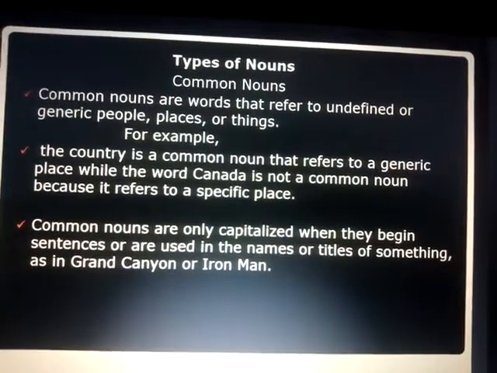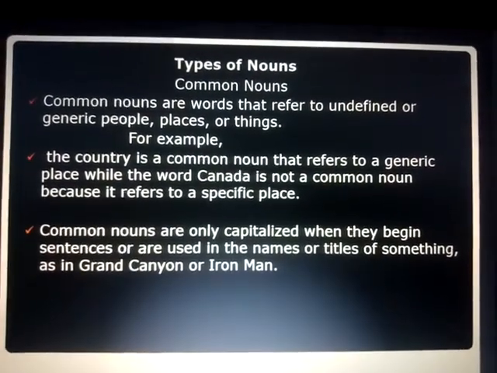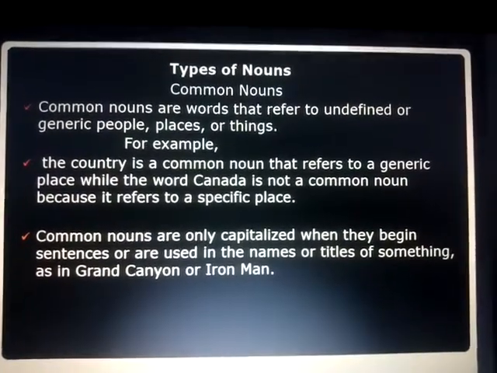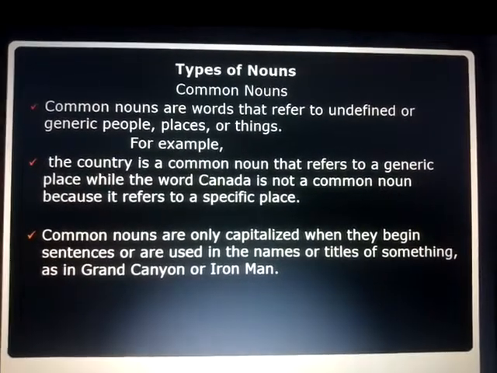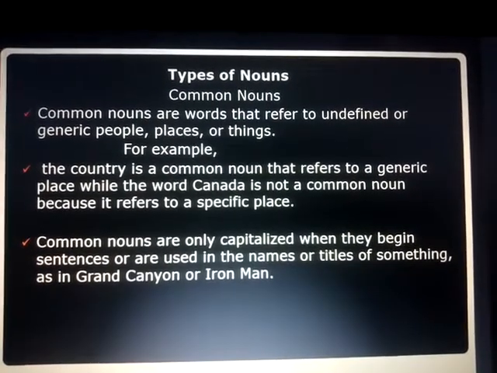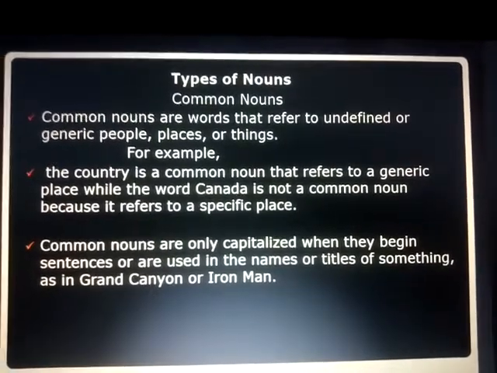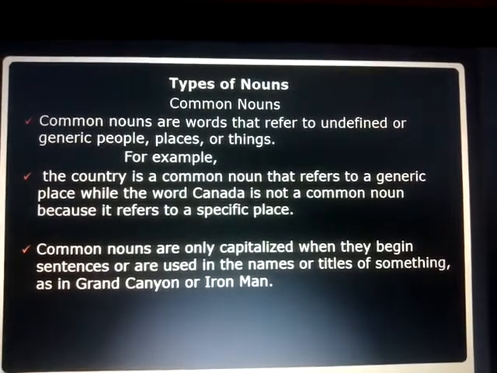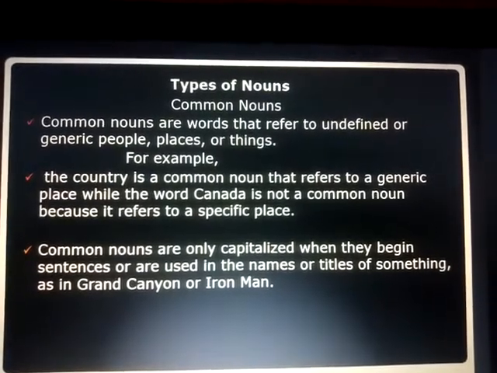Now let's look at the types of noun. What are they? Number one, we have the common nouns. Common nouns are words that refer to undefined or generic people, places, or things.